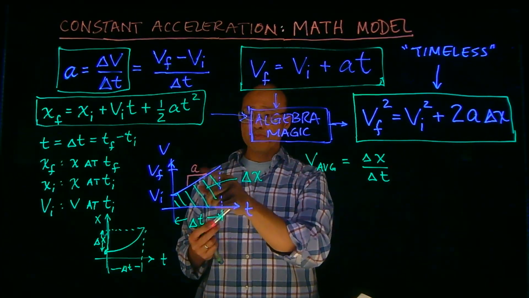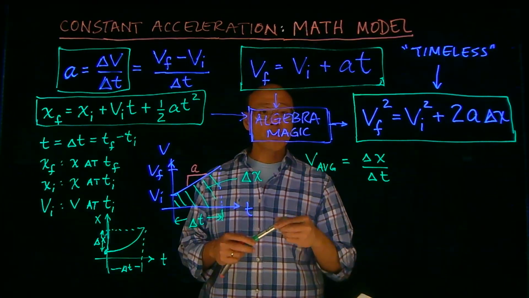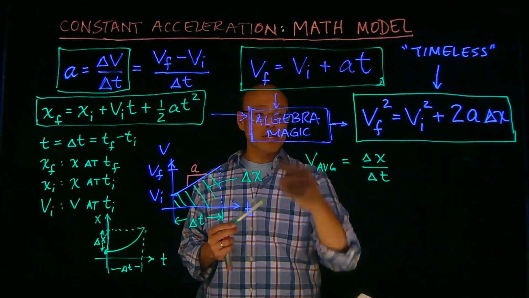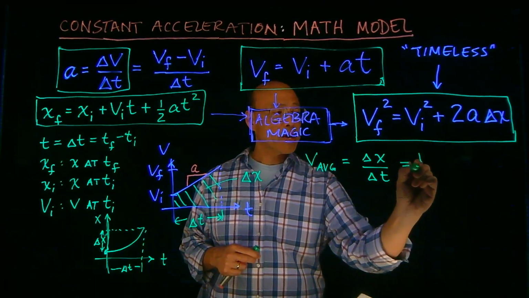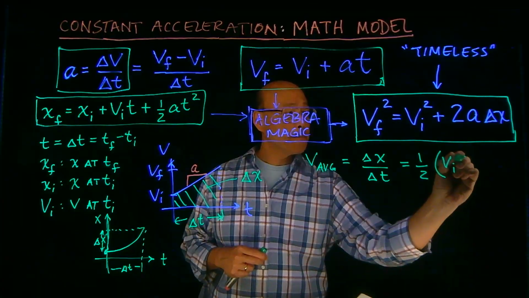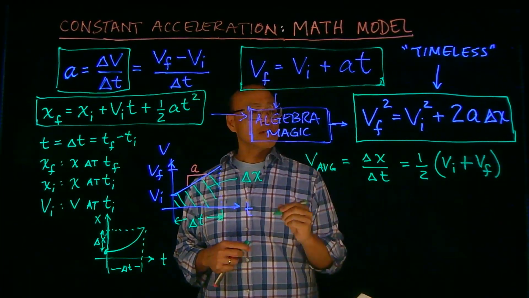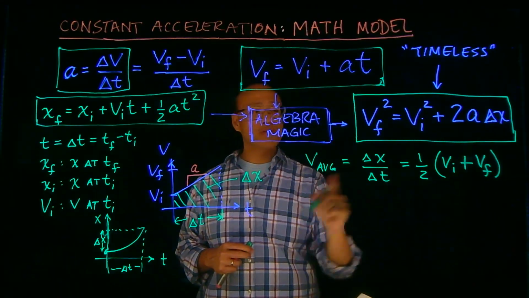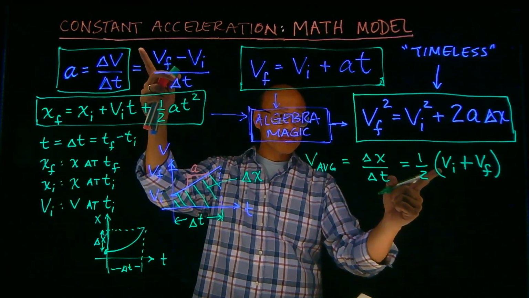As long as that condition's met, it turns out, with a little algebra, actually less algebra magic than this, that's also equal to 1/2 times my initial velocity plus my final velocity.